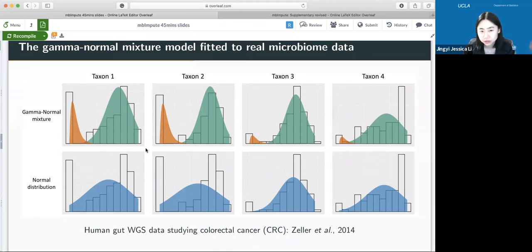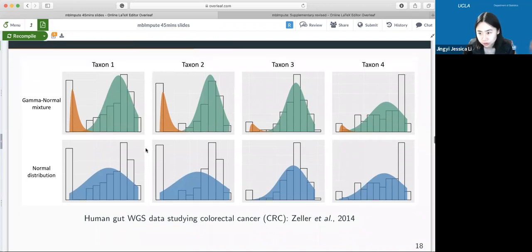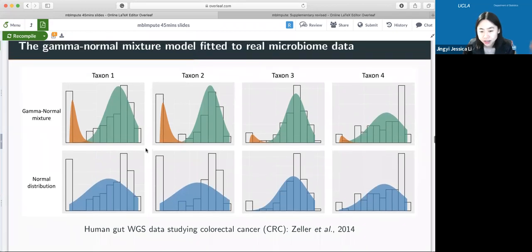And a lot of the noise we observe in daily life follows a normal distribution. So that's why in linear models, the random noise term is assumed to follow a normal distribution, and Ruochen borrowed from that. But he added a gamma component on the left to explain those small values that couldn't have come from a normal distribution. So putting them together, he can explain the shape of the data he observed.